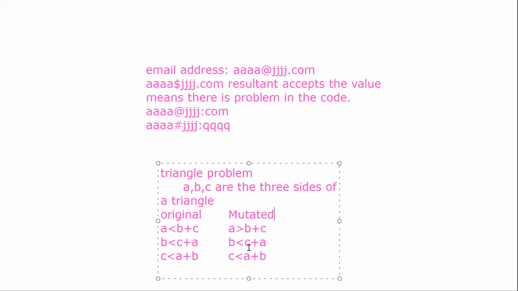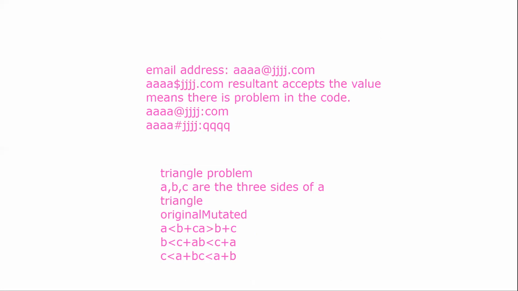Otherwise, the code you have is working fine. It should say that a triangle cannot be formed in this case. Then you can go with it. For that, you need to handle it properly. Are you getting this point? Is that clear? So this is what the original and mutation is all about, how you can mutate it.